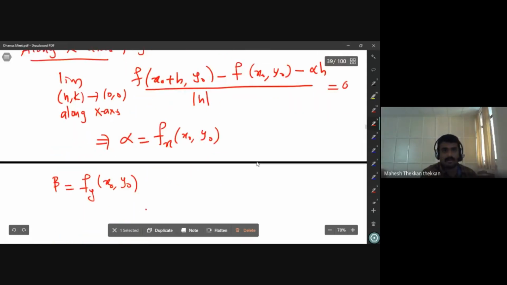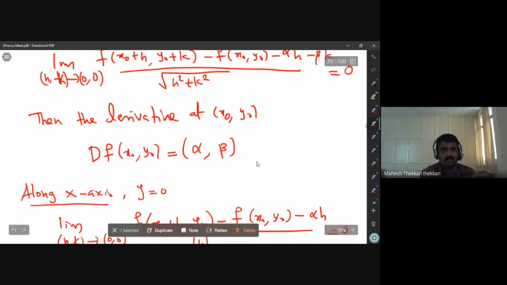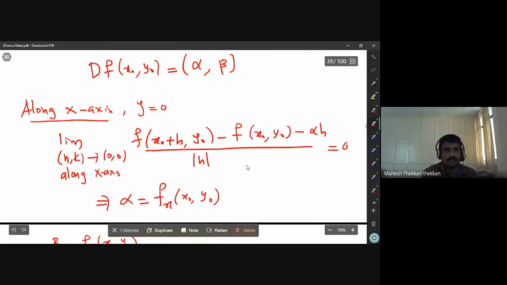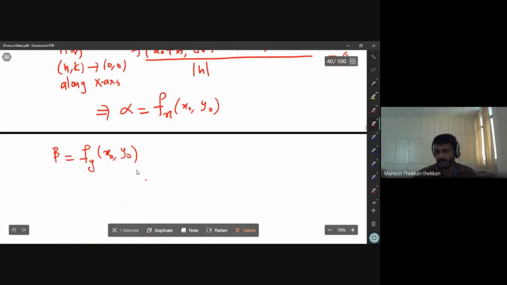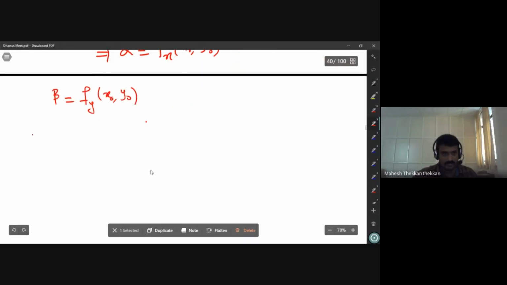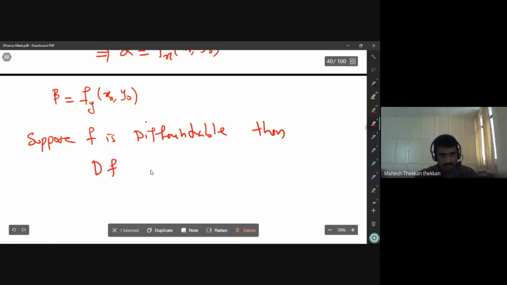So what are you actually getting? Suppose f is differentiable, then you will get df at x naught, y naught is equal to del f at x naught, y naught.